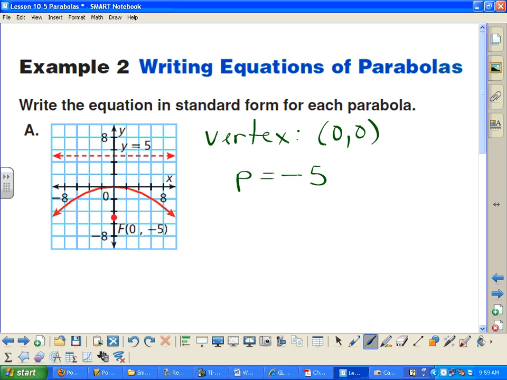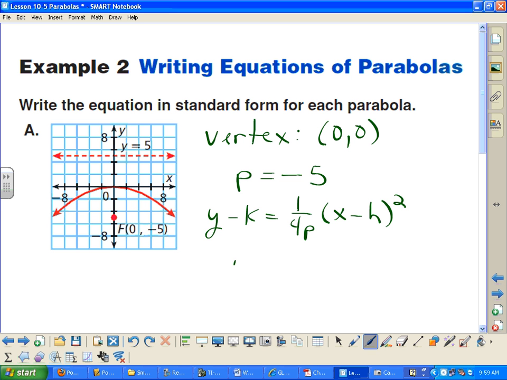Okay, it's negative because it opens down. So we're going to use the same equation we were looking at, y minus k equals 1 over 4p times x minus h, that quantity squared, because it opens vertically.